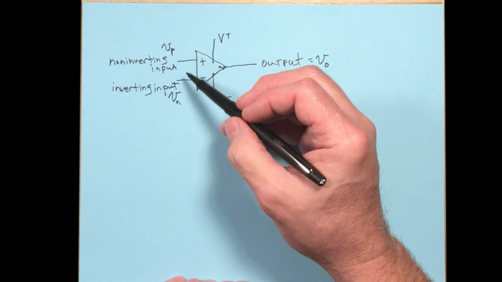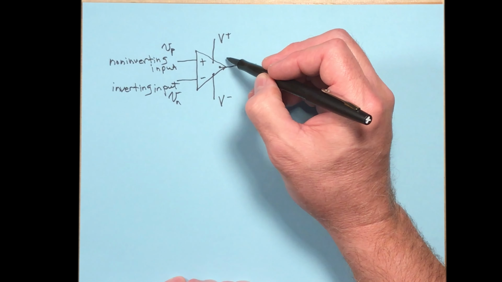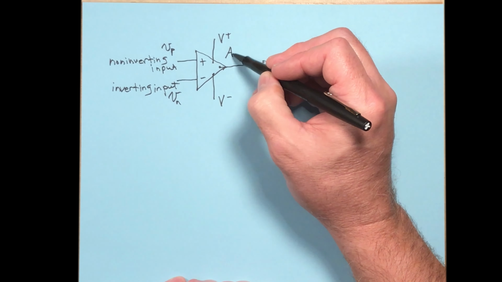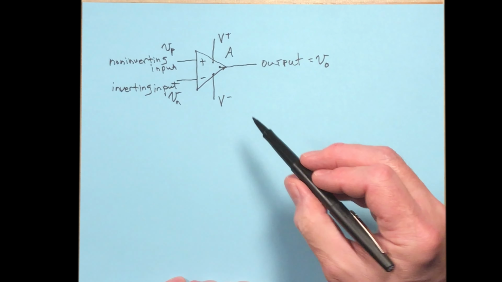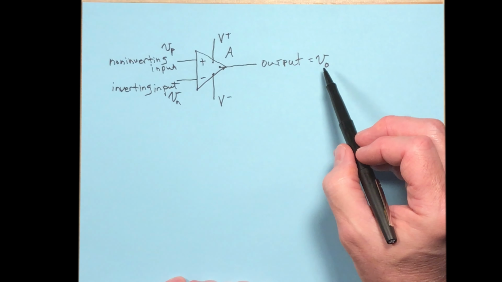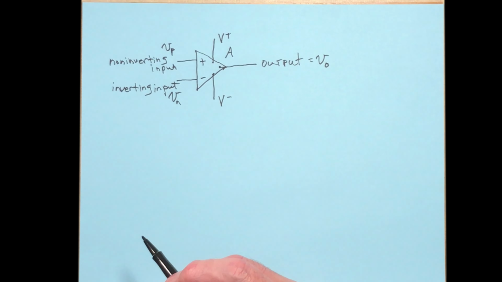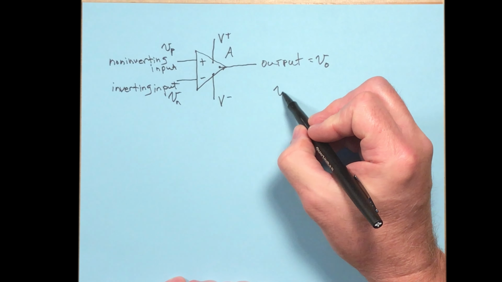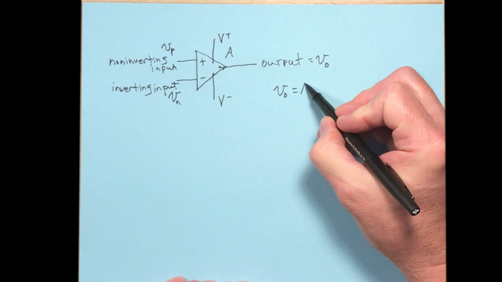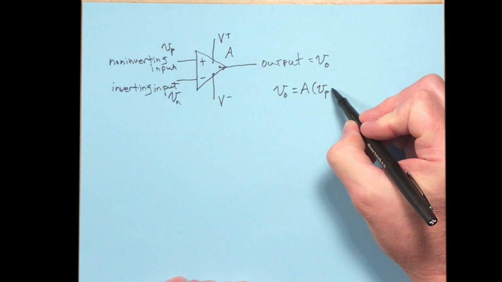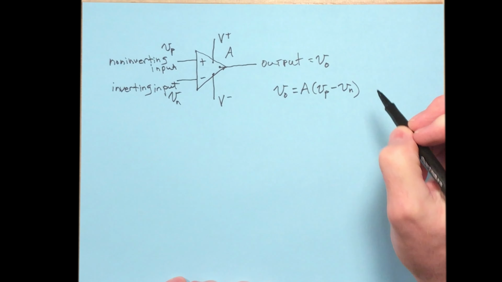And the amplifier itself has some gain, and let's say that gain is A. So A represents a number that tells us how much greater the output is than the difference of the inputs. So the output is going to be equal to A times (Vp minus Vn), like that.